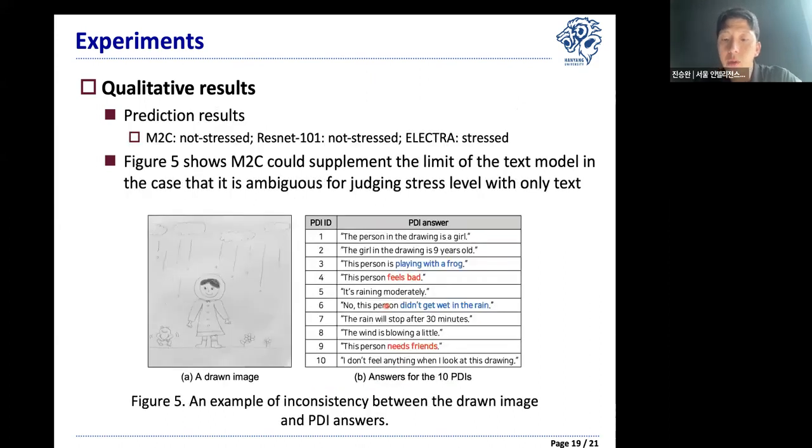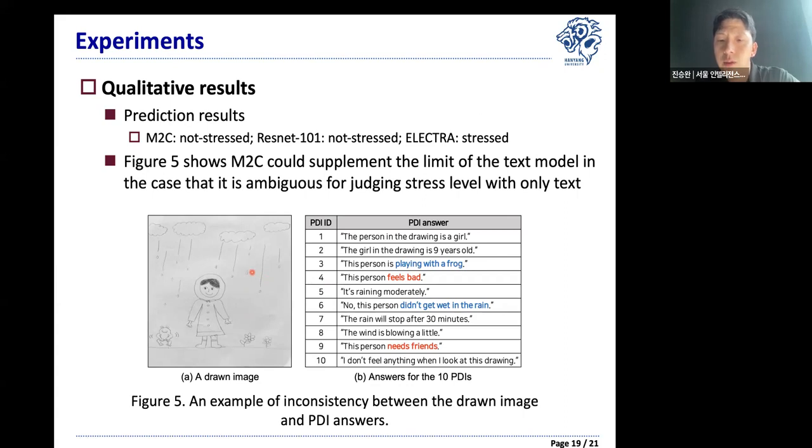This slide shows another qualitative result. Let's see figure 5. In this case, ground truth is not stressed, and the prediction of our model was also not stressed. But the prediction of Electra was stressed.